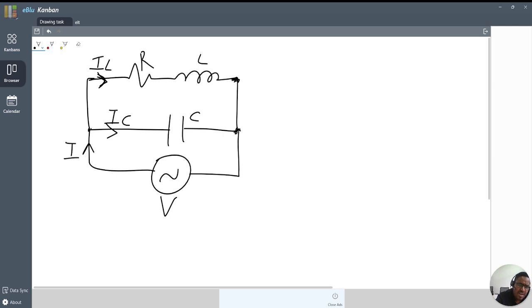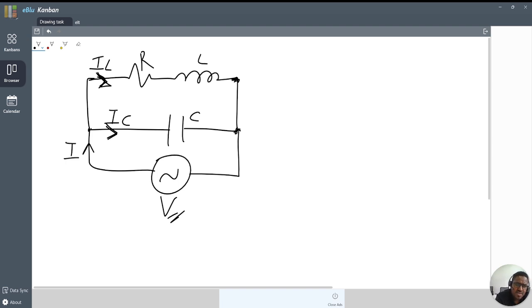It has one branch with an RL circuit and a second branch with a capacitor circuit. The voltage is common to both branches. We need to determine the net reactive component for this circuit, so first let's find the voltage and current relation.